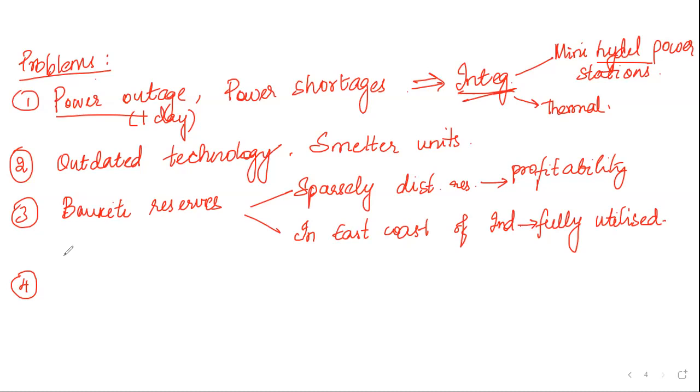The condition is, you must be giving a certain percentage of your output. Follow me very closely. You must be giving a certain percentage of your manufactured aluminium to state electricity boards at subsidized prices, at reduced prices.